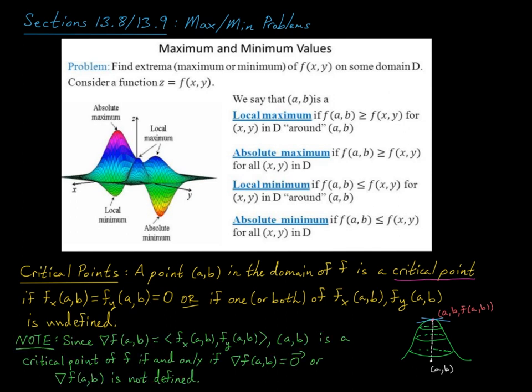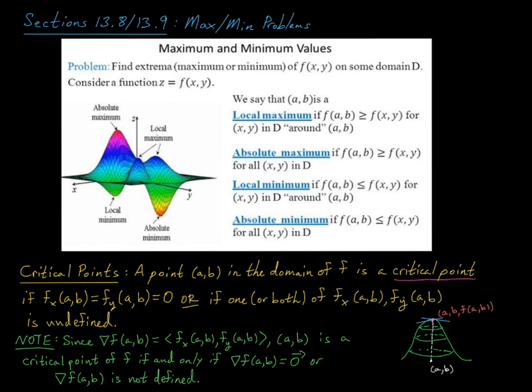Another thing to point out is that since the gradient of f at (a, b) is this vector whose i component is the x derivative of f at (a, b) and whose j component is the y derivative of f at (a, b), to say that (a, b) is a critical point of f is equivalent to saying that either the gradient of f at (a, b) is the 0 vector, that would be this first condition right here, or if the gradient is not defined.